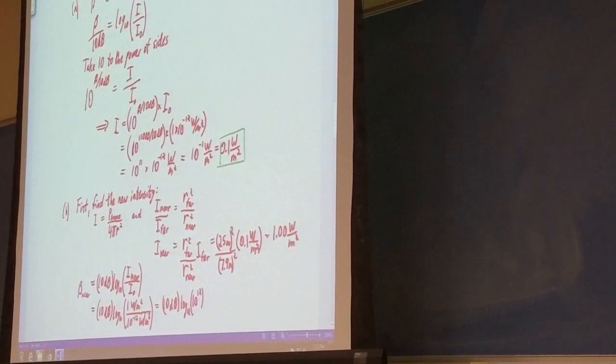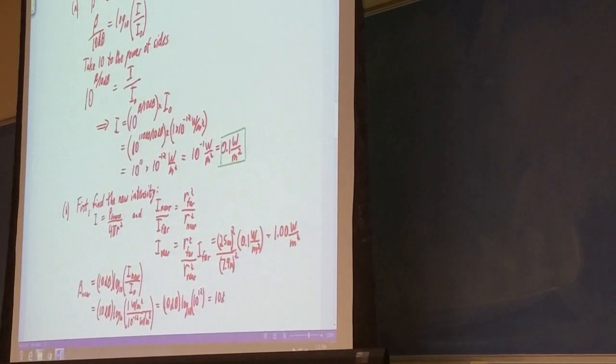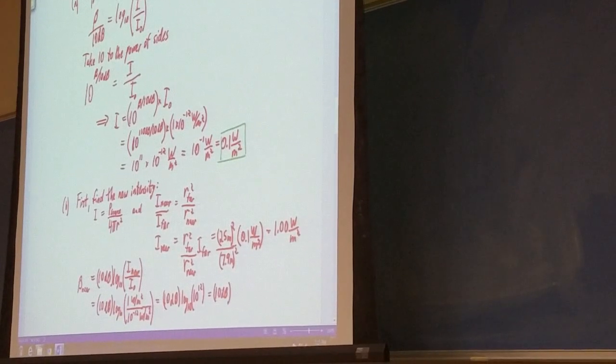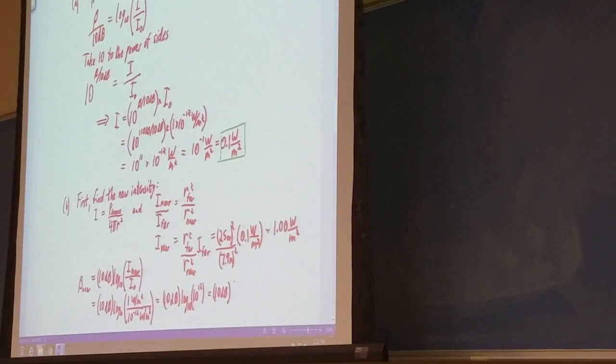And what is the log base 10 of 10 to the 12? Well, it's the power to which you have to raise 10 in order to get 10 to the 12. So what power is that? 12, right? Okay. And so that's where we got our 120 decibels.